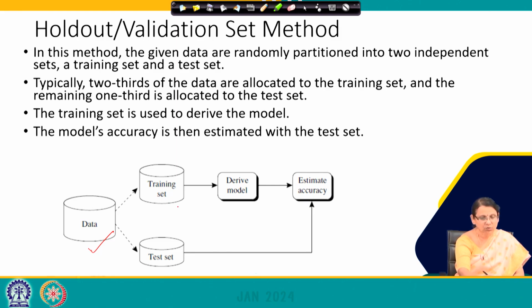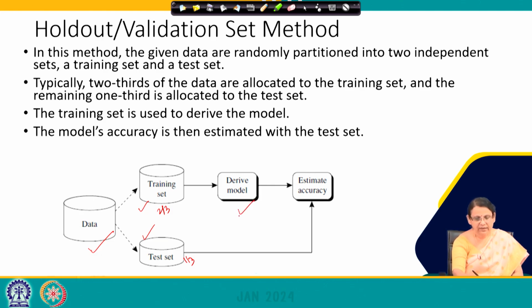It is not that only the first 75% will be used for training and the next 25% for testing. No, it is randomized, and around 75 to 80%, usually 2/3, is used here and 1/3 is used for testing.